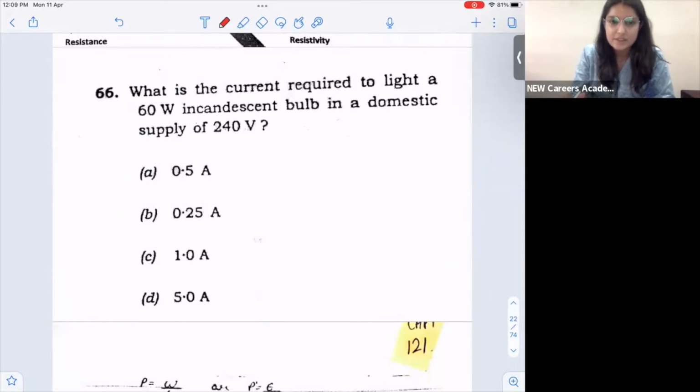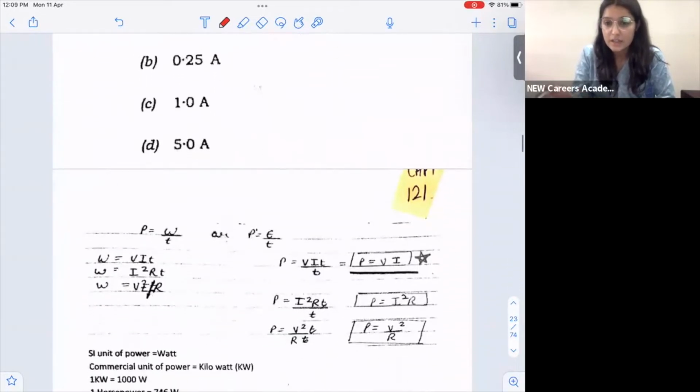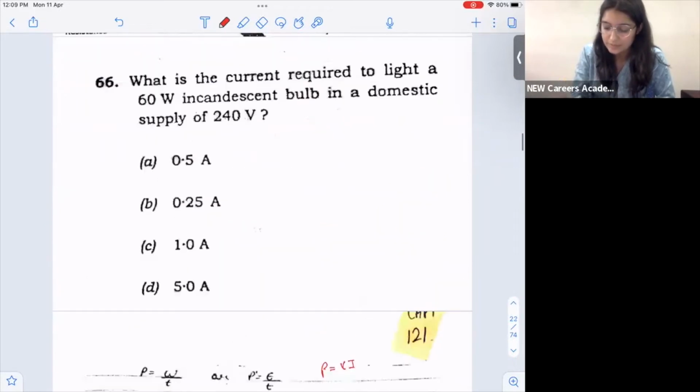Question number 66. What is the current required to light a 60-watt incandescent bulb in a domestic supply of 240 volt? Direct question. And this formula was asked in NDA also and in CAPF also. So here we use the formula for power, P is equal to VI.